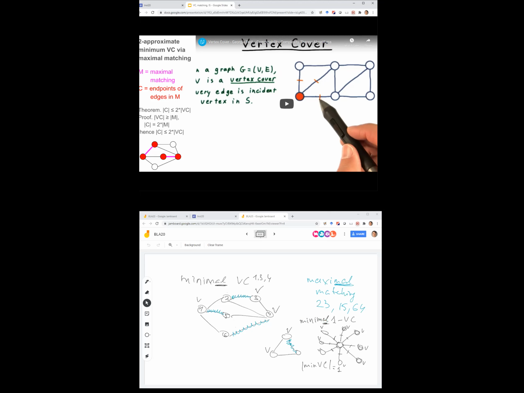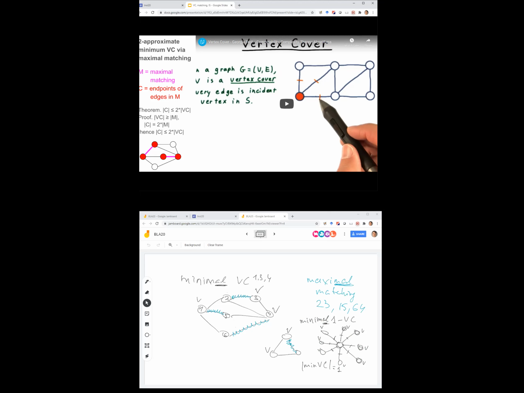You cannot remove any of these vertices from the vertex cover, because as soon as you remove one, if you remove this vertex, well, this edge becomes uncovered. So all these vertices must stay in a minimal vertex cover, and you can see that this minimal vertex cover is really, really bad in comparison with the minimum vertex cover.